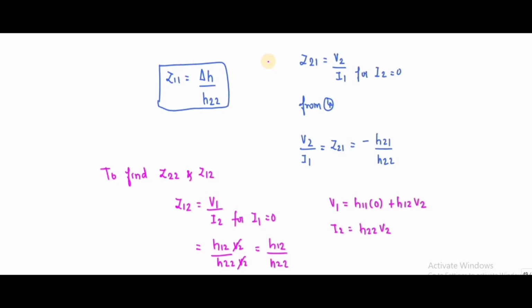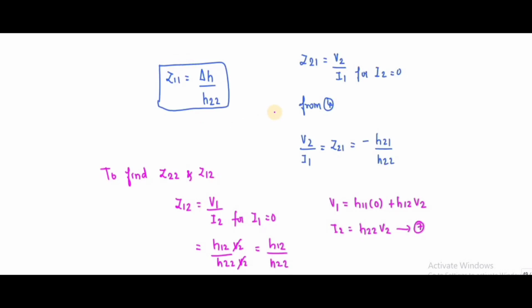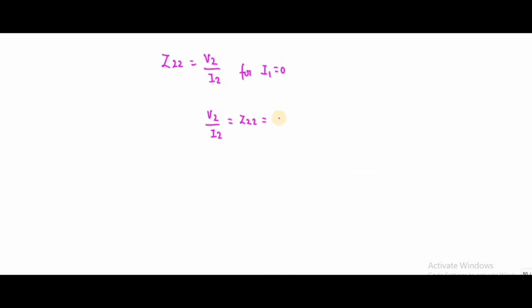So next, Z22 is equal to V2 by I2 for I1 equal to 0. So what is V2 from the equation? I2 is equal to H22 V2, right? From equation 7, you substitute that value. So V2 by I2 is equal to Z22, that is equal to 1 divided by H22.